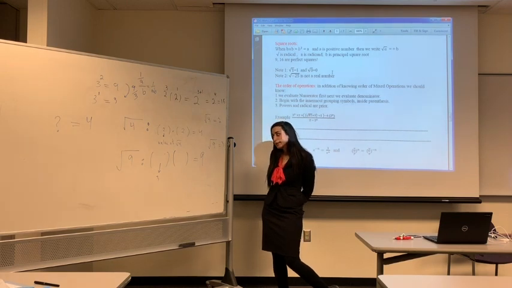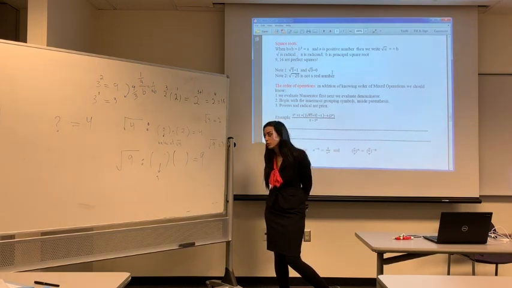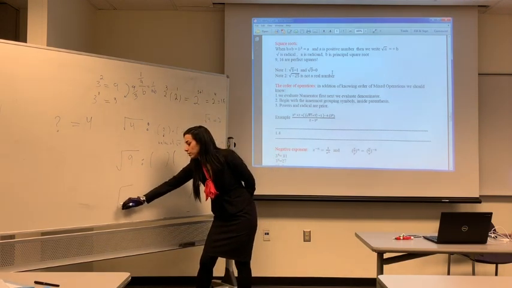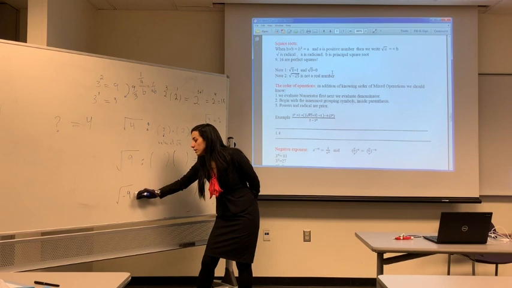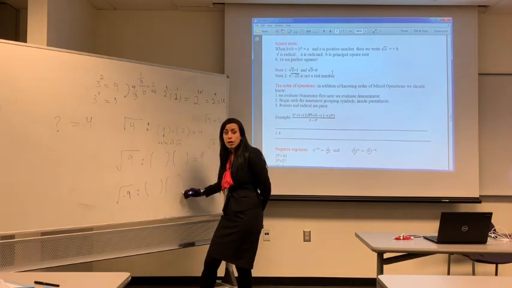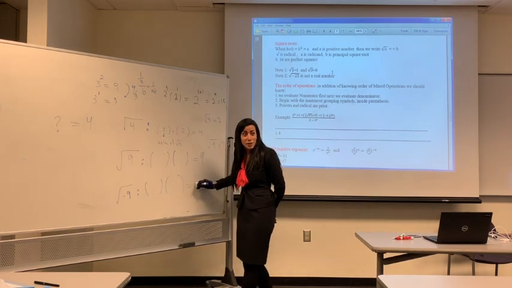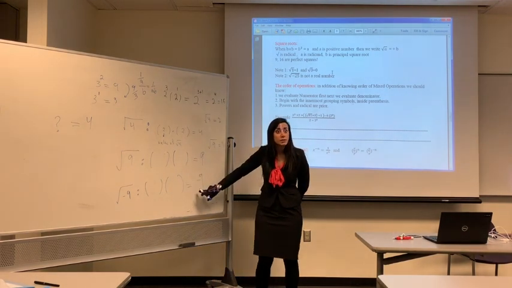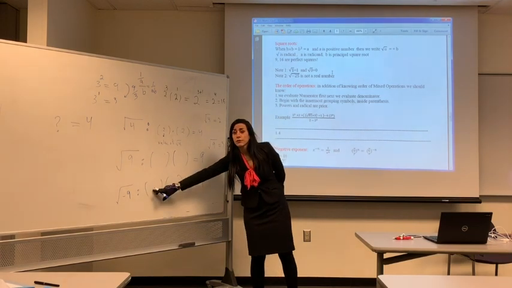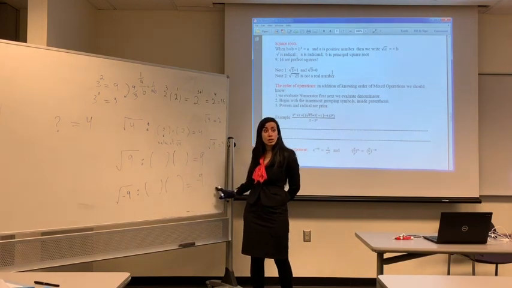Now, when I said this, I want to ask you this question. Can I have an answer for radical negative 9? It means there was a number multiplied by itself that gives us negative 9. Is this possible? This is not possible, because negative 3 multiply negative 3 gives you 9.